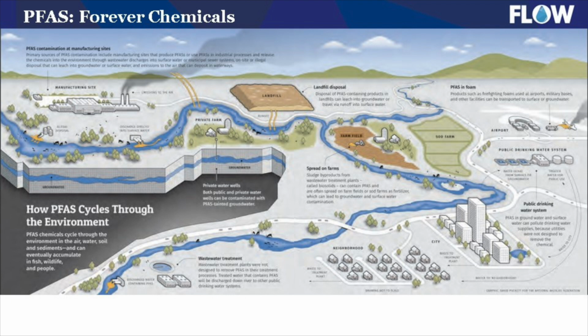And one of the big concerns is land application of a lot of the wastewater treatment plants' waste. They are not getting rid of the PFAS. They don't have carbon filters because it wasn't on our radar.